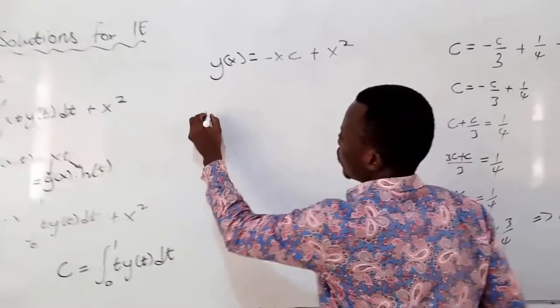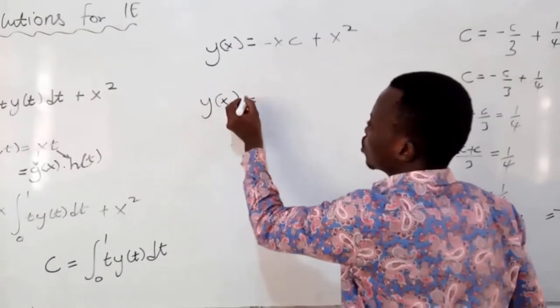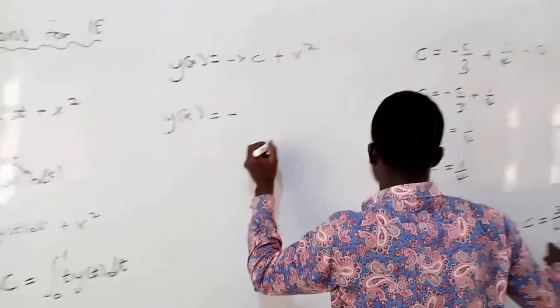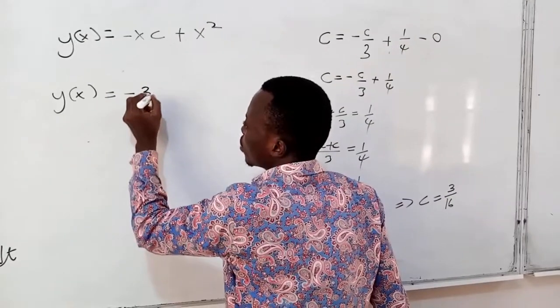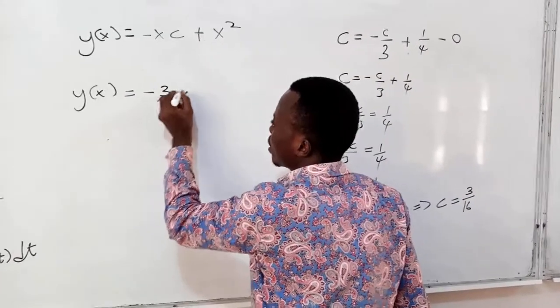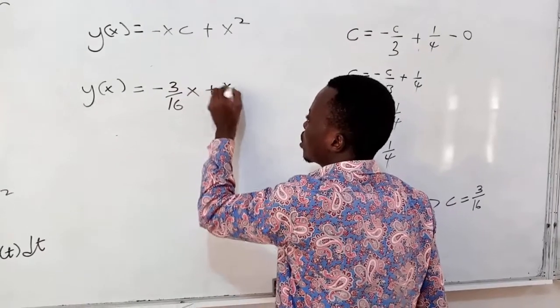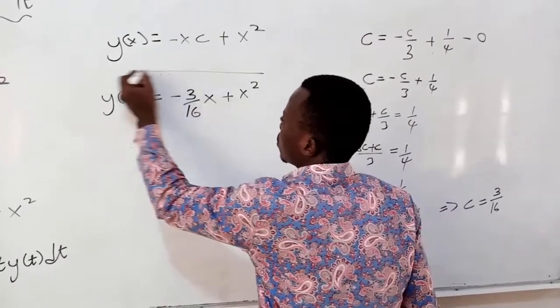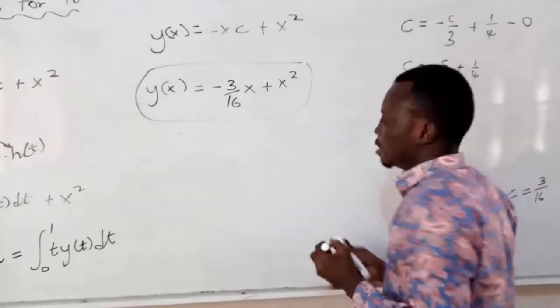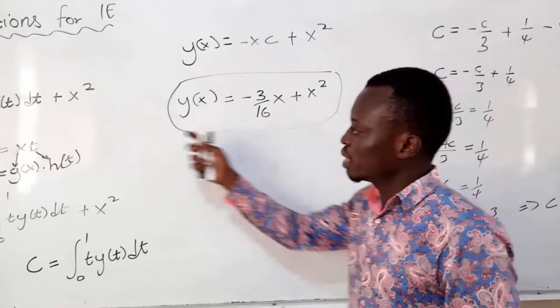So our y of s is equal to minus 3/16 s plus s squared. And this is the solution to this integral equation.